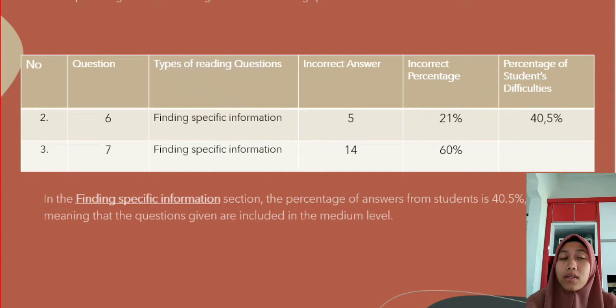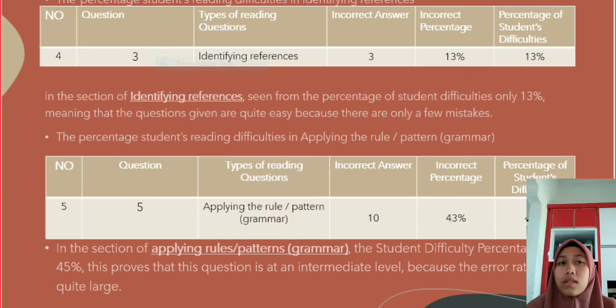In the finding specific information section, the percentage of incorrect answers from students is 40.5%, meaning that the questions given are at the medium level. The percentage of student reading difficulties in identifying references: seen from the percentage of student difficulties, only 13%, meaning that the questions given are quite easy because there are only a few mistakes.